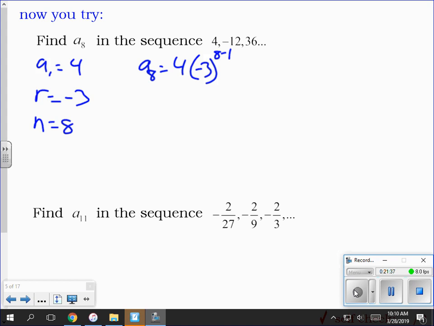I don't simplify it until I'm actually doing the formula, because the formulas do change. Whether it's an N power or N minus 1 power, you need to be able to handle that. Once again, put parentheses around it. -3 to the 7th power times 4, and I get the 8th term is -8,748. And you do have to watch the negatives and positives.